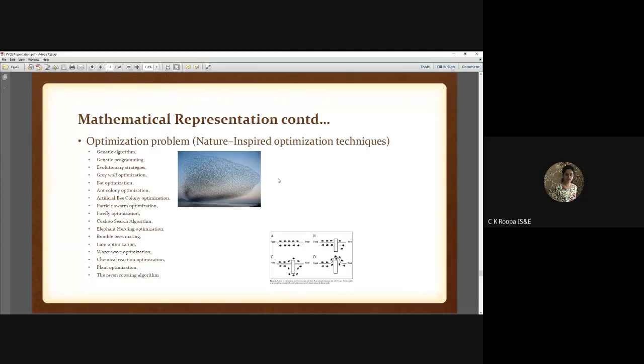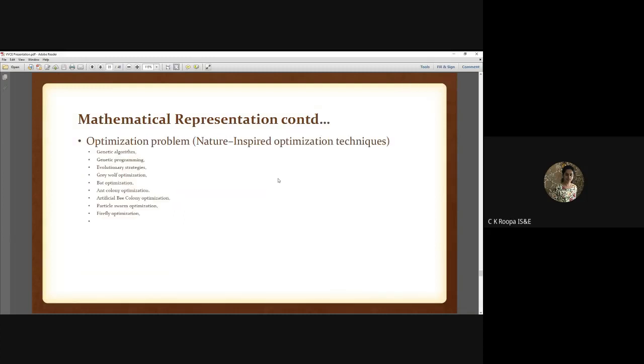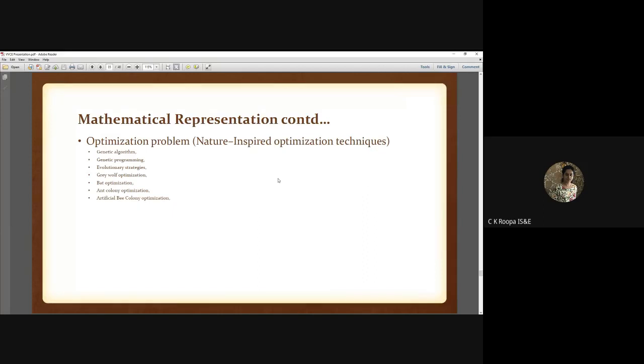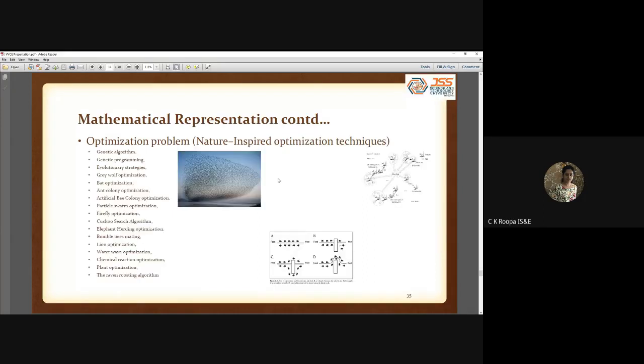But once we are done with the design and development of an algorithm, the question is whether the designed algorithms are optimized, right? That is where we are supposed to give a thought, especially when your algorithm is deployed for real-time analysis. In order to do that, many nature-inspired optimization techniques are available.